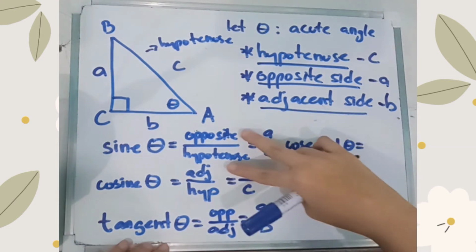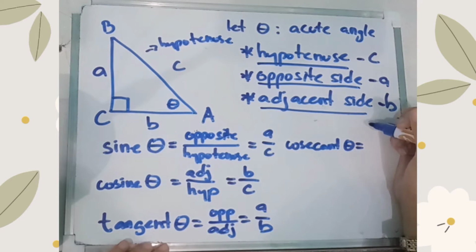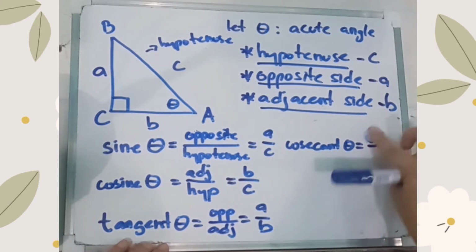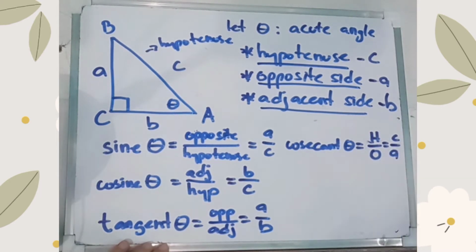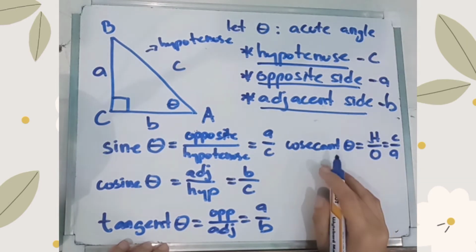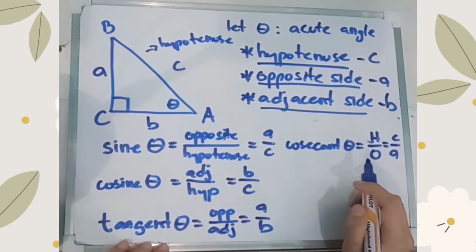If it's opposite over hypotenuse, we will have hypotenuse over opposite. That's hypotenuse over opposite, which in terms of sides is c over a. By the way, cosecant theta is the reciprocal of sine theta.